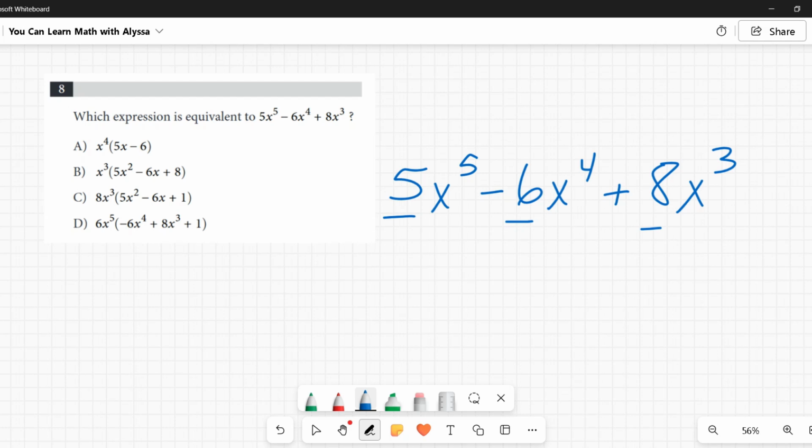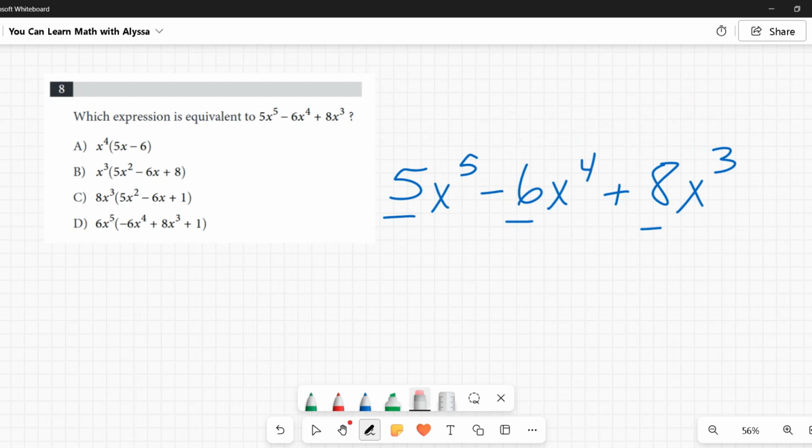No, there isn't. 5 is a prime. Its only factors are 1 and 5. 6, its factors are 1, 6, and 2 times 3. 8 is 1 times 8 and 2 times 4. So technically 1 goes into all of them, but pulling 1 out doesn't change anything, so that doesn't really help us. So there is no factor in common.